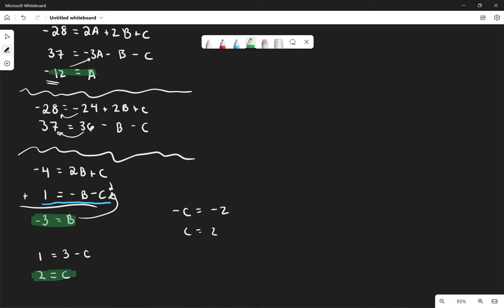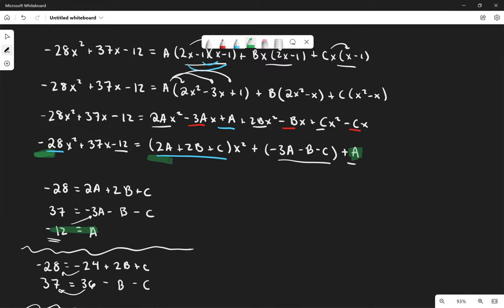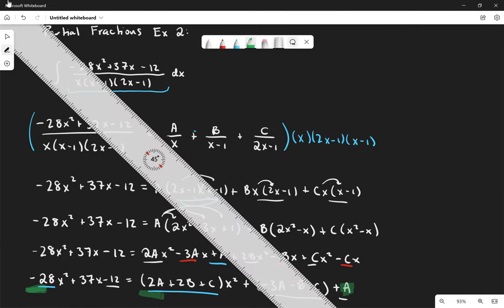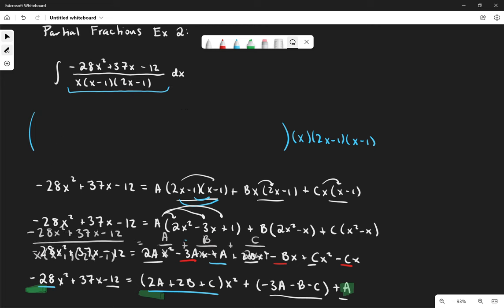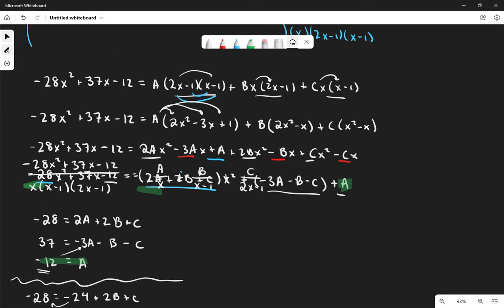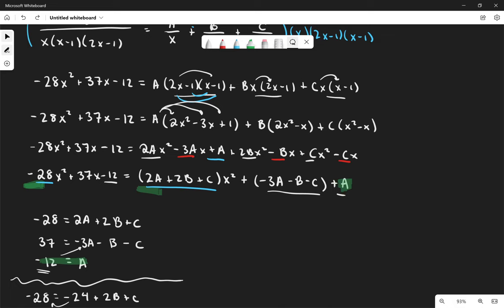Now I can sub these values in. Let me just copy paste it. Oops. Damn it. I'll just rewrite it.